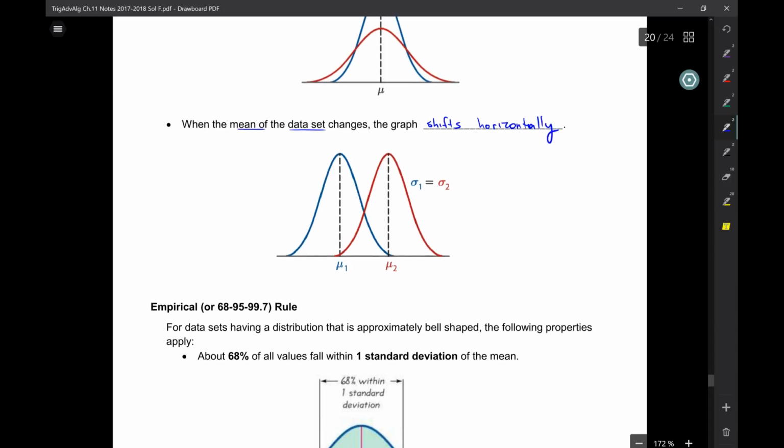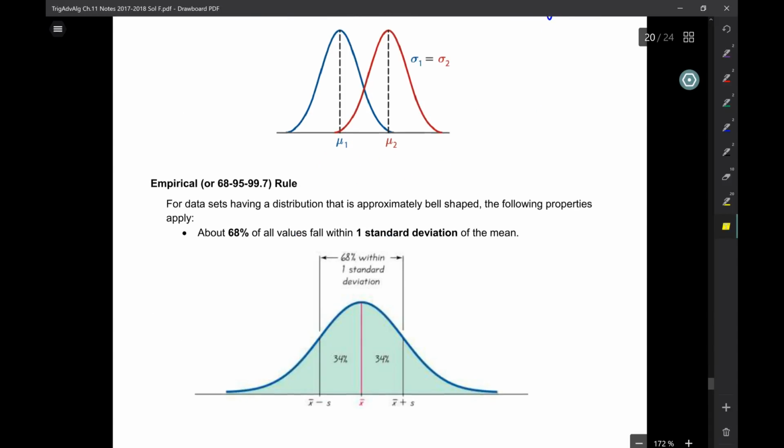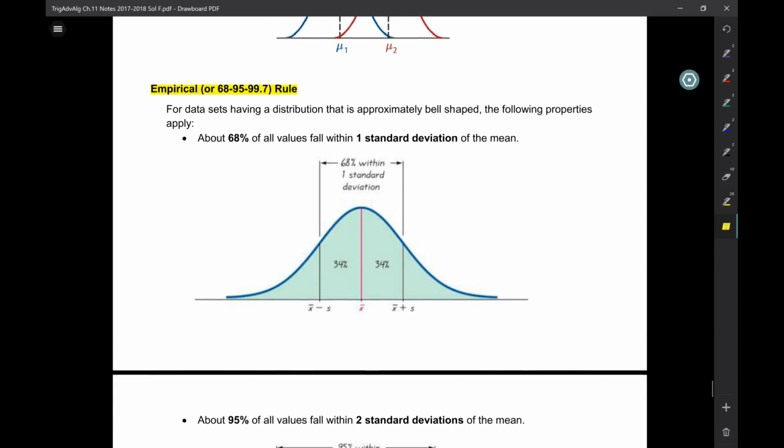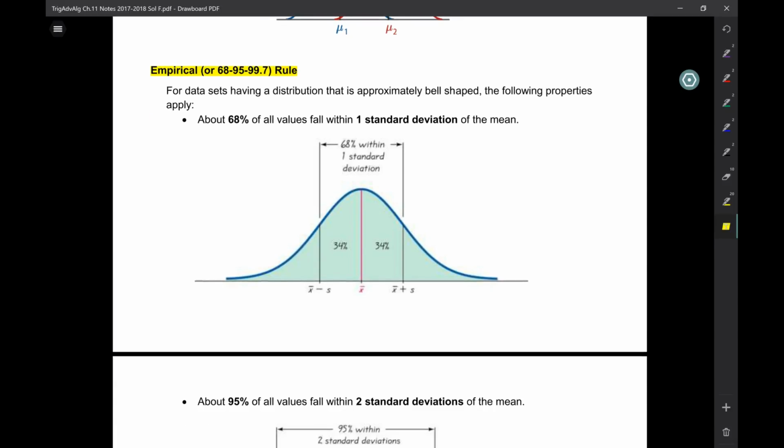Here's the big rule of this section. It's called the empirical rule, the 68, 95, 99.7 rule. Those numbers you just have to memorize. I'm not going to give them to you. For data sets having a bell-shaped distribution, so if you have a normal distribution like this, the following properties apply. 68% of all values fall within one standard deviation of the mean.